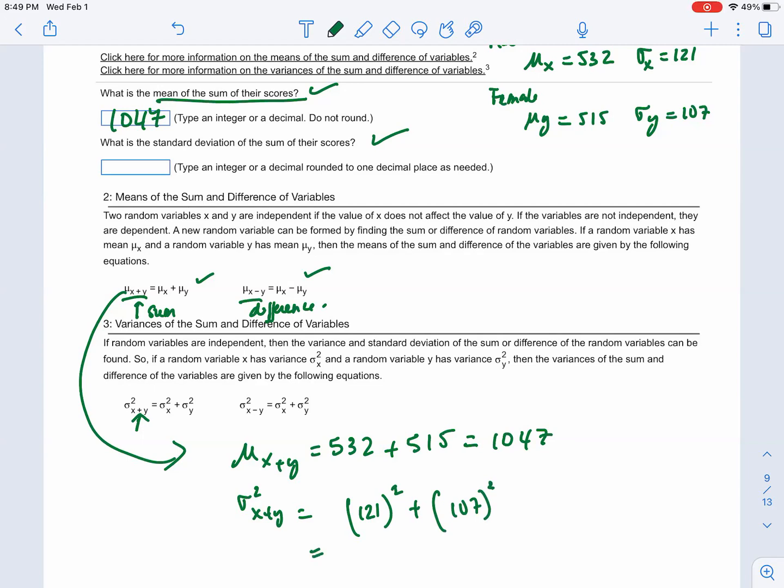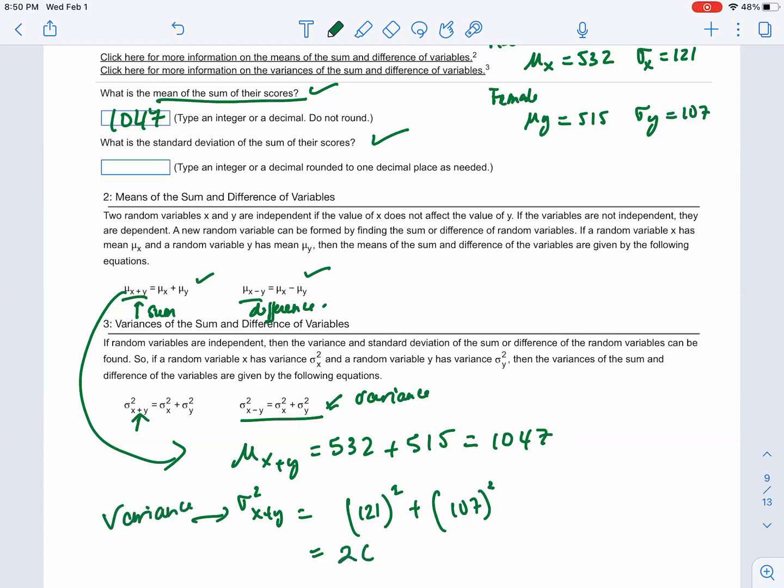That's what I have. So when I plug that in the calculator, 121 squared plus 107 squared, I get, this is just giving me the variance. They want the standard deviation. This one here is the variance, it's not the standard deviation.